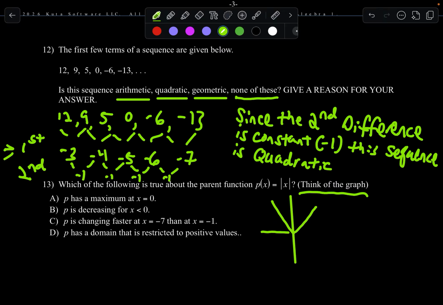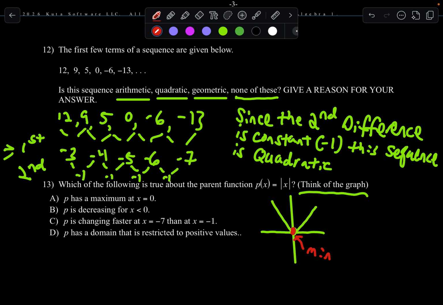So it's a V sitting here, where the vertex is right there. All right, so P has a maximum. No. If anything, P has a minimum here, because this is a minimum, not a maximum at 0.